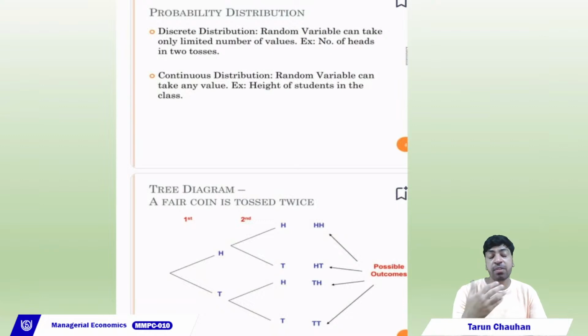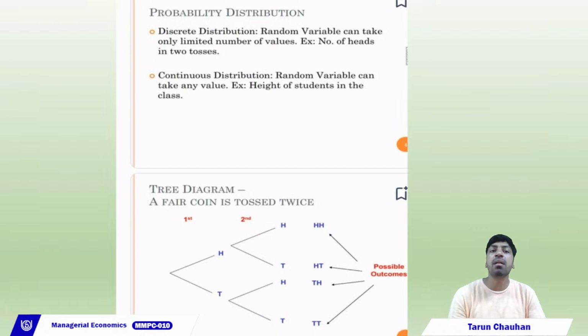When we talk about the discrete distribution, we always talk about random variables which take only a limited number of values. So under the probability distribution, when it comes to the discrete distribution, a researcher will take only a limited number of values, and from those values, the researcher will be able to find out the possible outcomes from each trial.